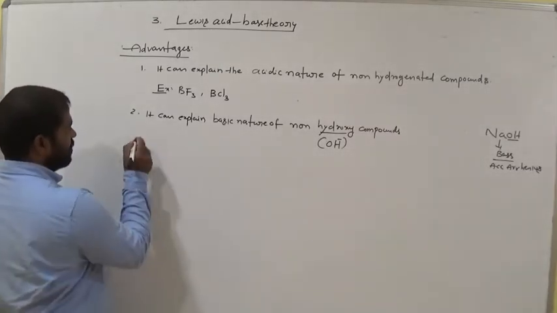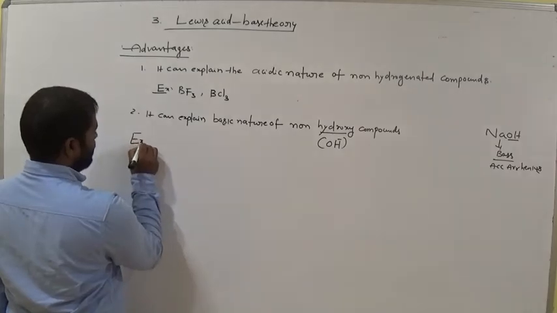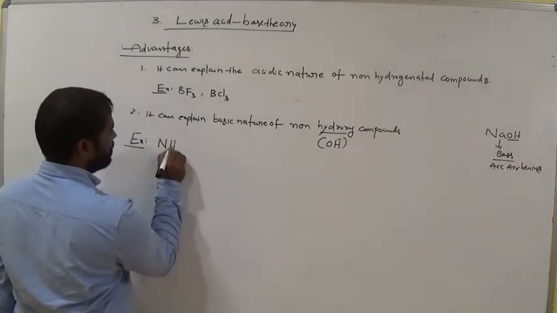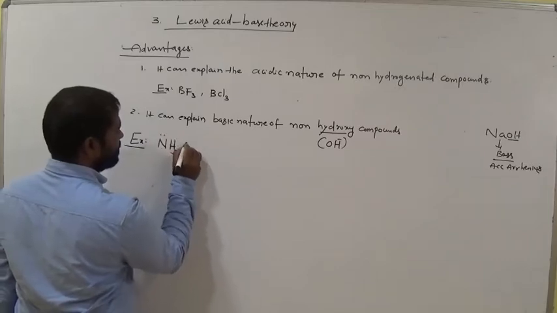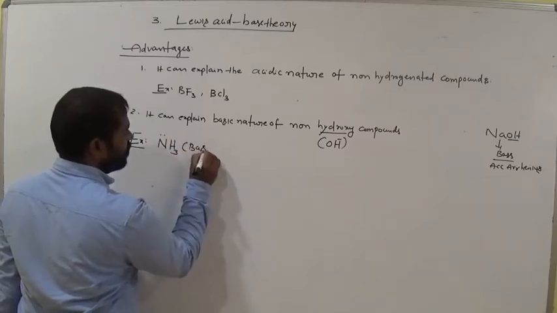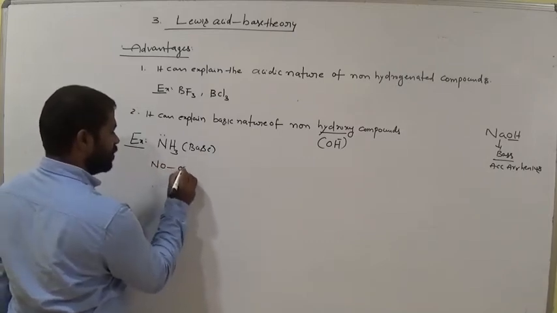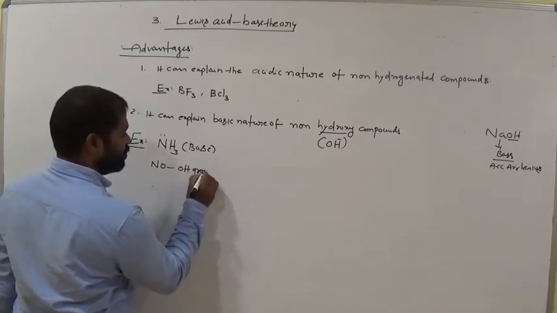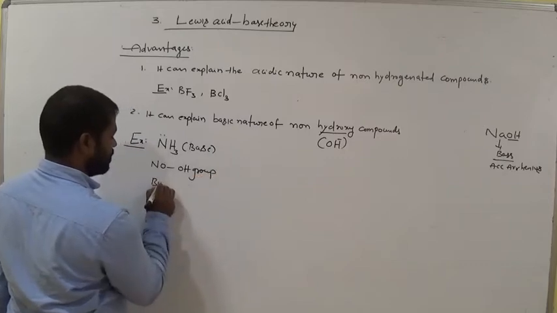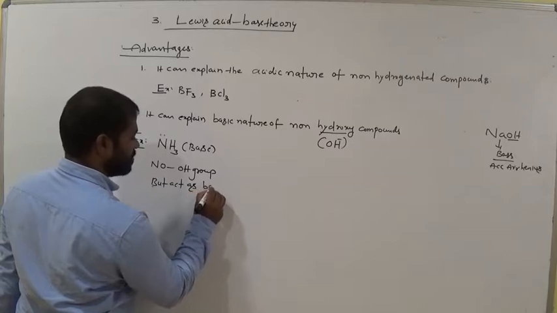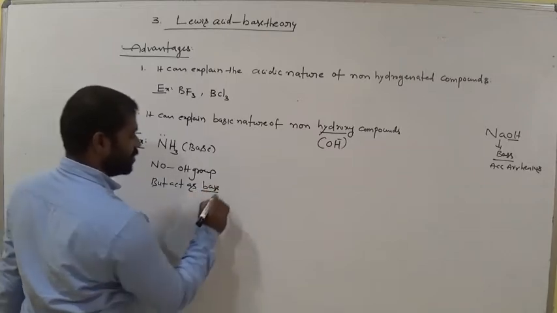So let's see the example. Regarding this NH3, am I right? It is a base. Is there any OH group? No OH group, but it acts as a base due to the lone pair.